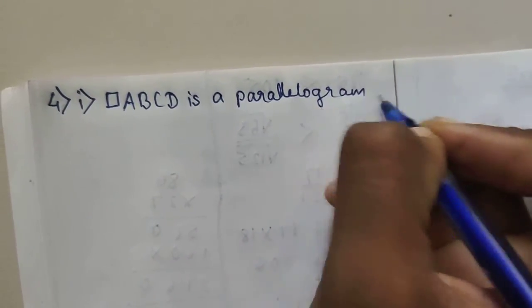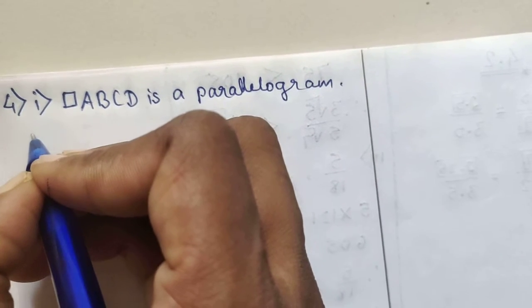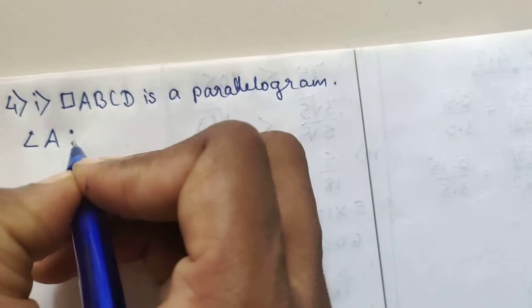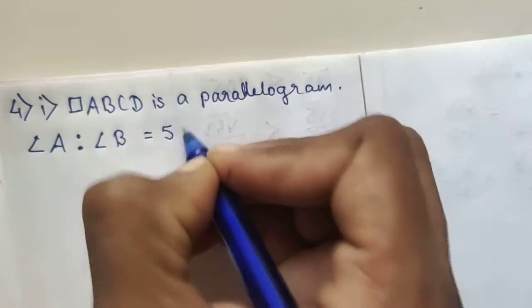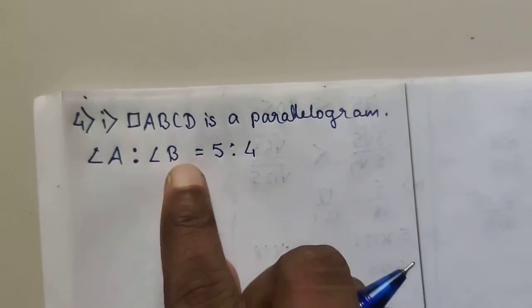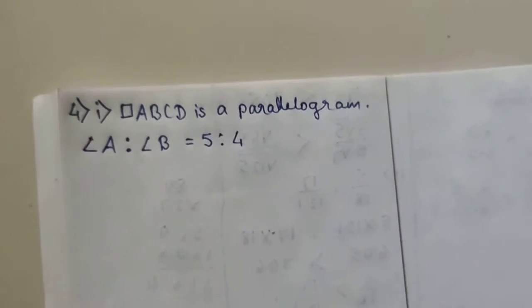Okay, this is given to us. Then one more thing is given to us, that is the ratio of angle A and angle B, that is angle A is to angle B is given as 5:4. This is given to us.